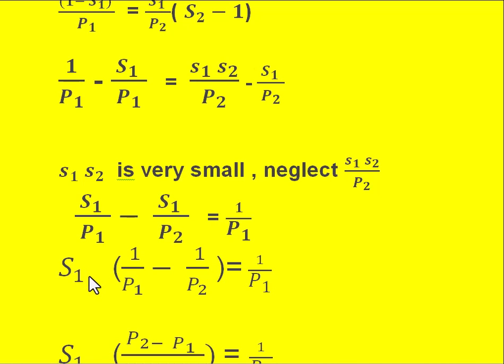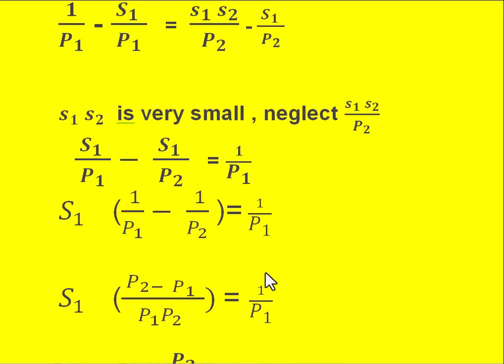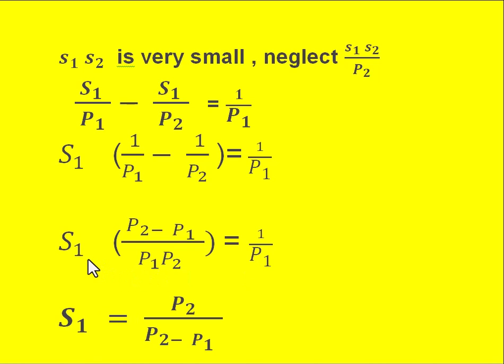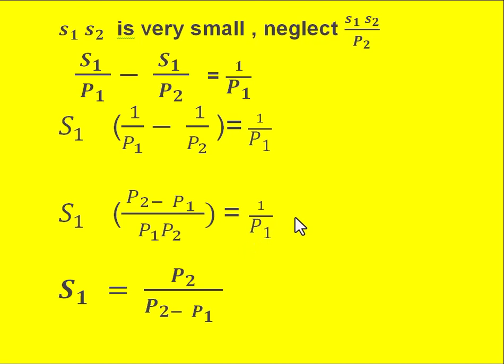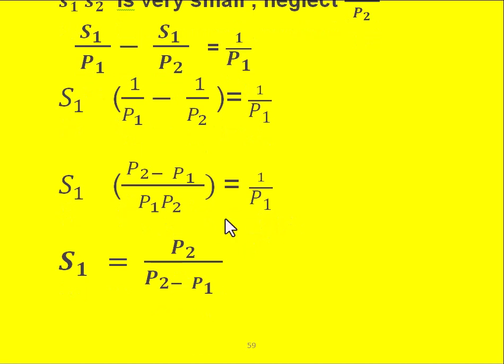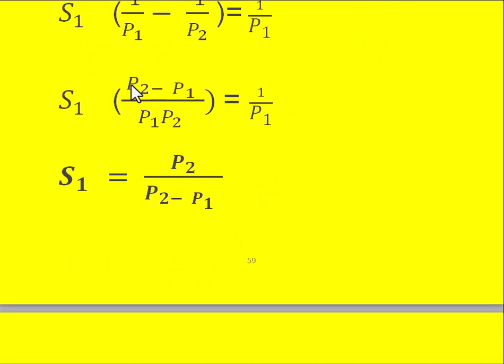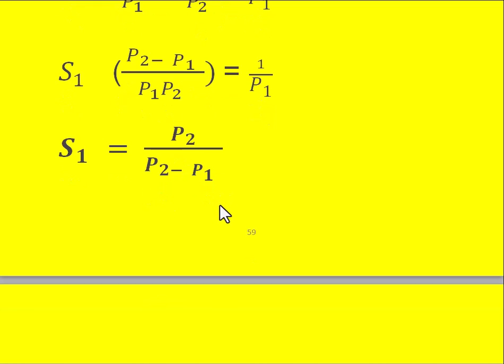Further simplification: S1 into 1 by P1 minus 1 by P2 is equal to 1 by P1. So further it can be simplified: S1 into P2 minus P1 divided by P1 P2 is equal to 1 by P1. Then S1 will become S1 is equal to P2 divided by P2 minus P1.